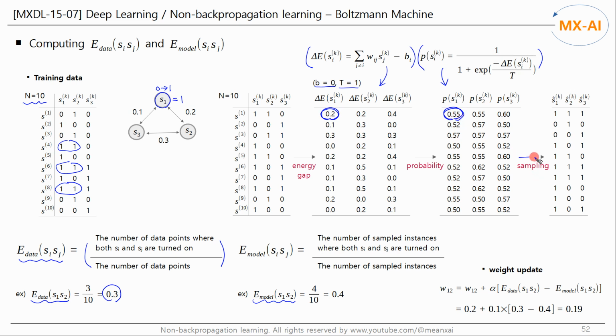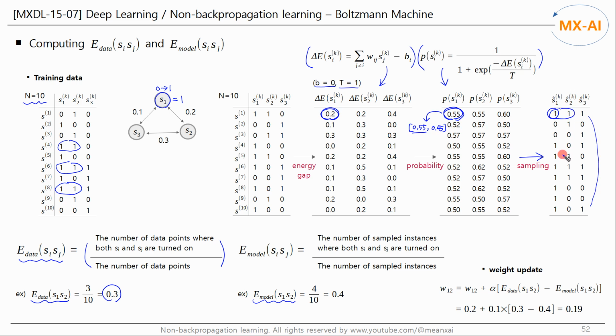Next, we sample data from these probability distributions. This value means that the probability that the state of the first neuron is 1 is 0.55. And the probability that it is 0 is 0.45. So the probability of getting 1 is slightly higher. Let's say we sample 10 data points in this way.